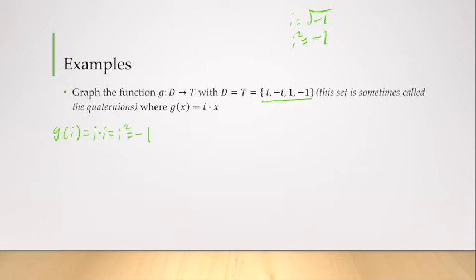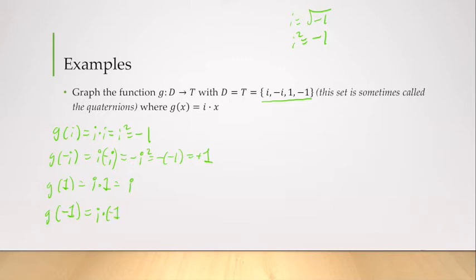If I have g of -i, that gives me i times -i, which is -i squared, which is the negative of -1, which is +1. If I have g of 1, that's i times 1, which is just i. And g of -1 is i times -1, which is just -i.